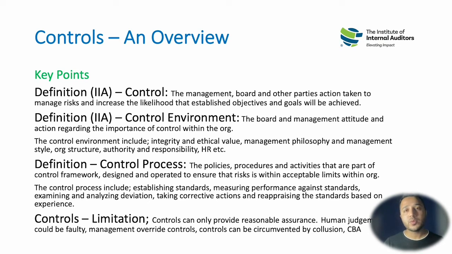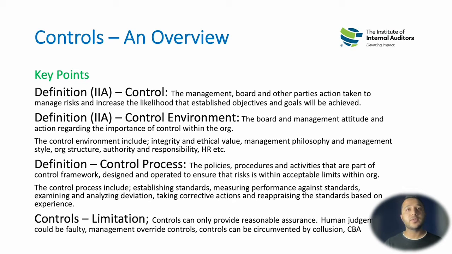Control limitation would be basically the human element, predominantly, because human beings can make mistakes. Human beings can override the controls, the system controls. I personally have witnessed in a lot of organizations that the system has a lot of good controls, but the employees override the controls or they collude.